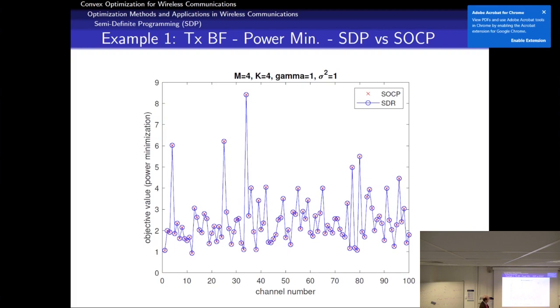You're going to get a rank 1 solution. This is for 100 channel realizations, and you obtain exactly the same solution using the 2 formulations. SOCP is in red, and you get the same solution as in blue, the circles.